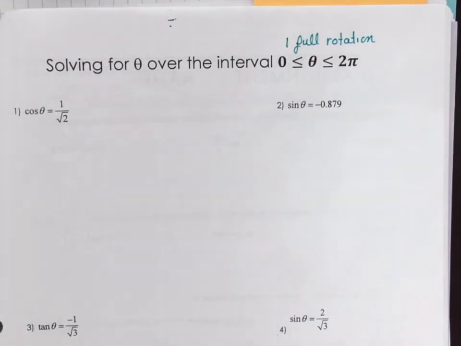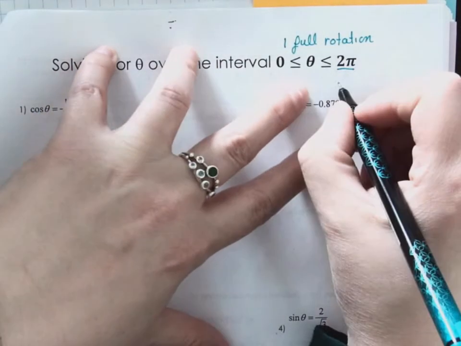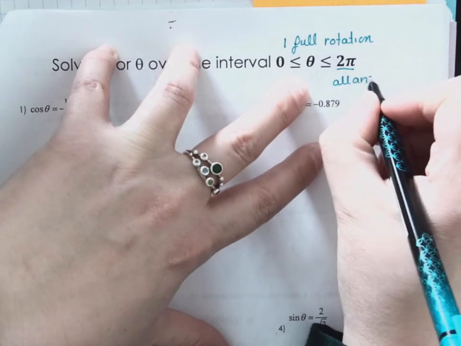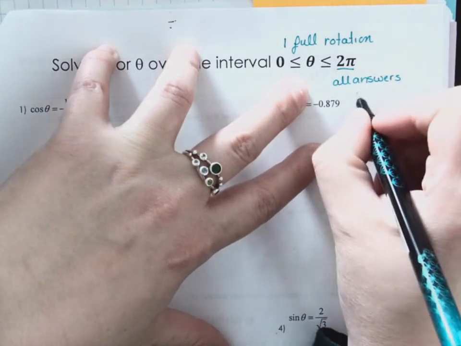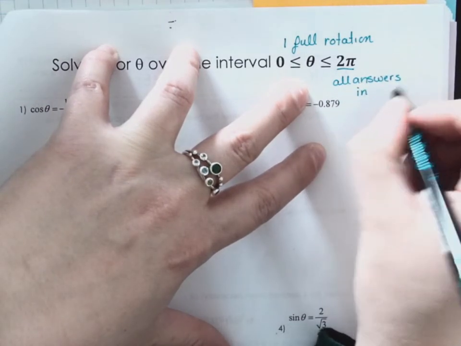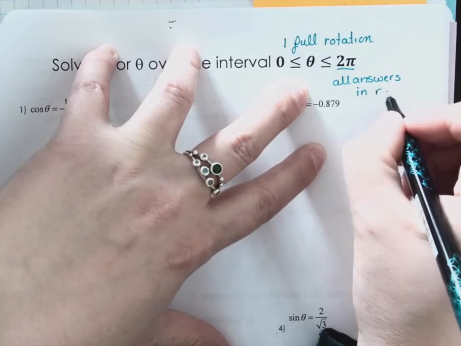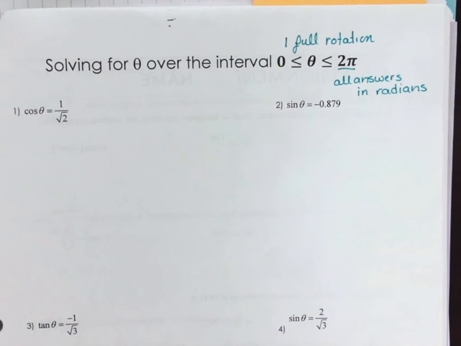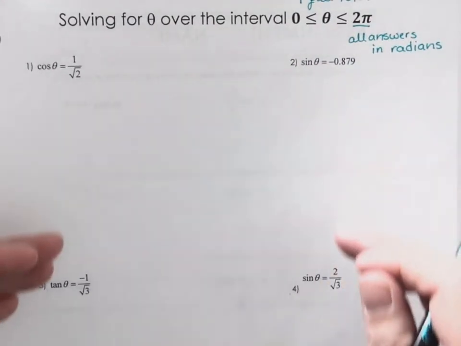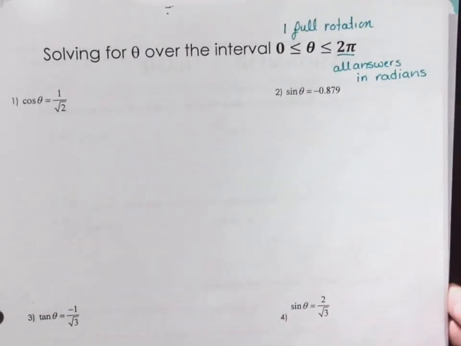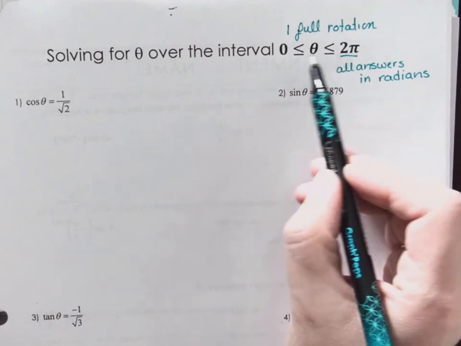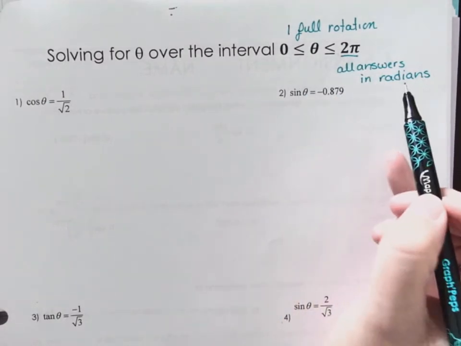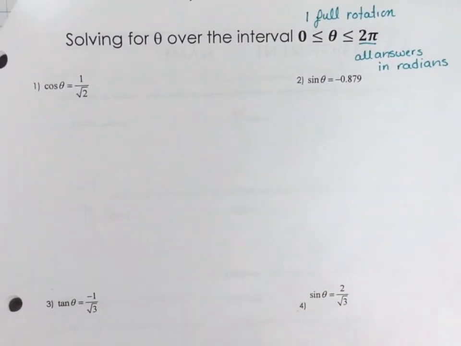Now, what this does tell us though is that all answers are given in radians. Nowhere here does it say you need to use radians. Nowhere here does it say you have to solve for this, but your restriction is guiding you, that your answers have to be in radians.